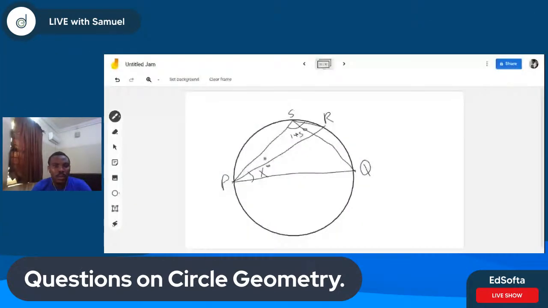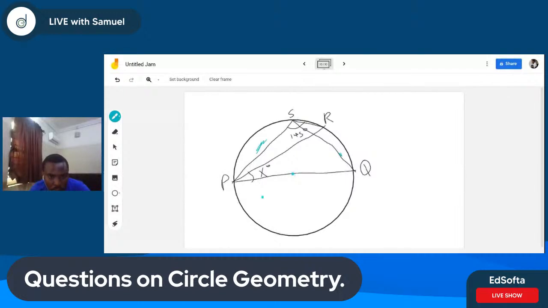So look at it. They want us to find x. Now, if you look at this, let me see if I can pick another color. If you see P, this place, and here, if you can follow my cursor, this is the center of the circle.